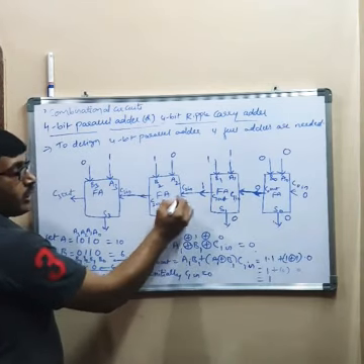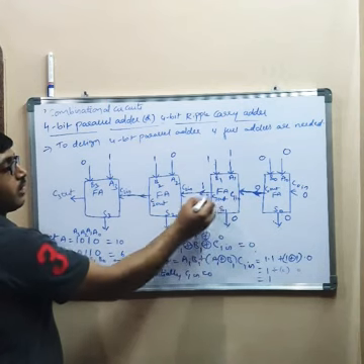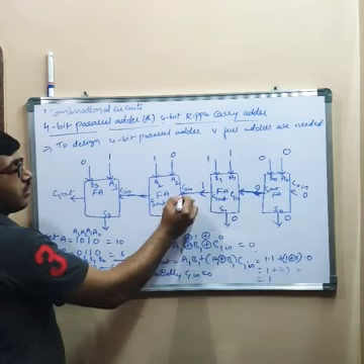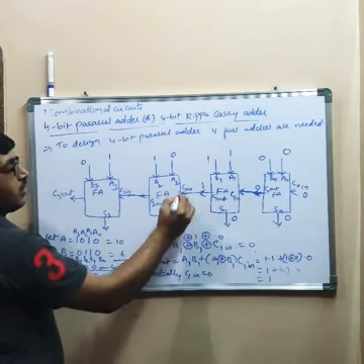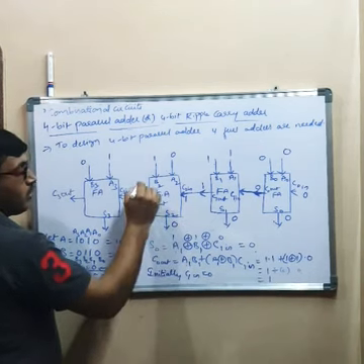Again this carry out of the second full adder is propagated to the carry in of the next full adder. This one appears here. Again 1 XOR 0 XOR 1, sum 0, carry 1.